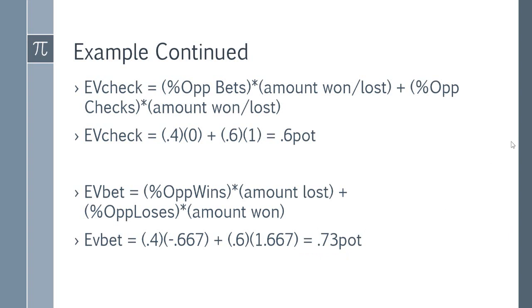And that's EV calculations pretty much in a nutshell. They start out simple, but as I said, as you introduce more variables or more possibilities of raises or check raises or streets, things like that, you can see how these can get very, very big calculations.